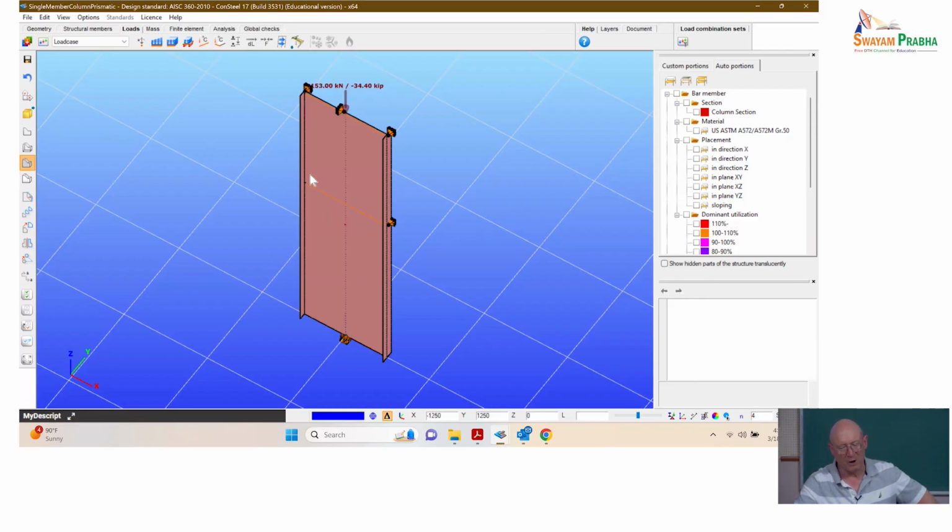So a fairly thin web. And then we also have flanges that are 150 millimeters wide and 6 millimeters thick, so the flanges have a b over 2t of 12.5. This is pretty close to the design in George Lee's book.